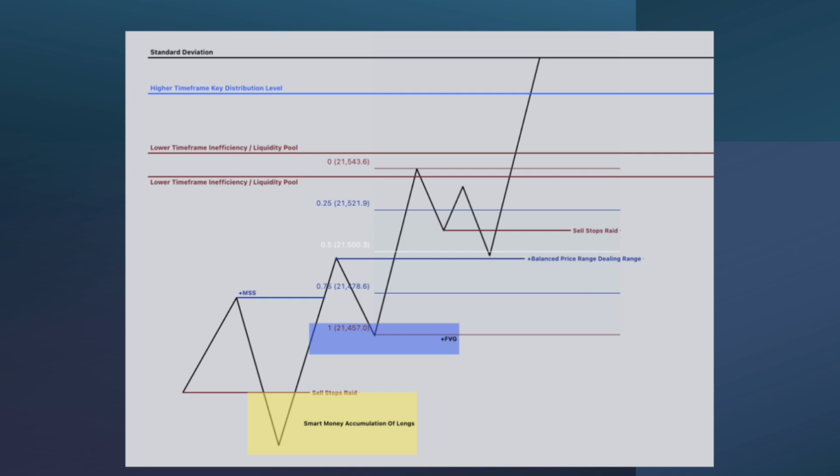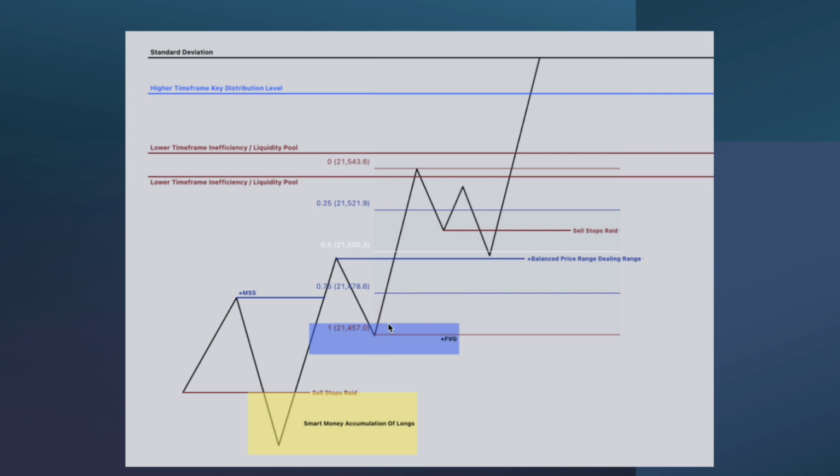So our daily narrative and our higher time frame premise make us understand, because we never hit this level before and we have unfinished business above, this is going to be a sell stop raid. This is not going to be the market going back here, creating a market structure shift and then continuing lower.